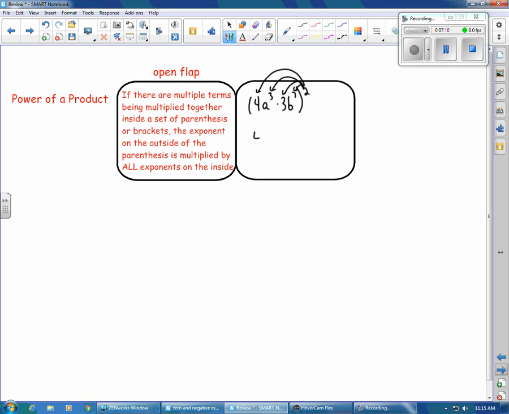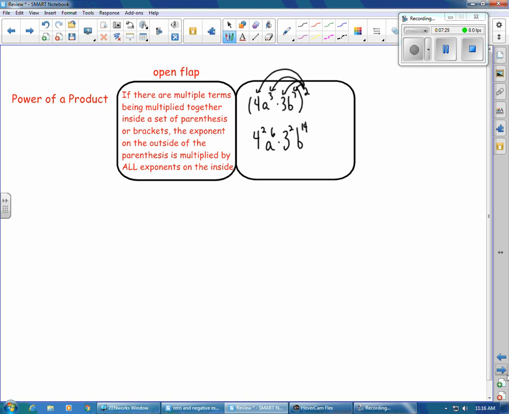So I'd have 4 to the 2nd power, a to the 3 times 2, or 6th power, times 3 to the 2nd power, b to the 7 times 2, or 14th power.